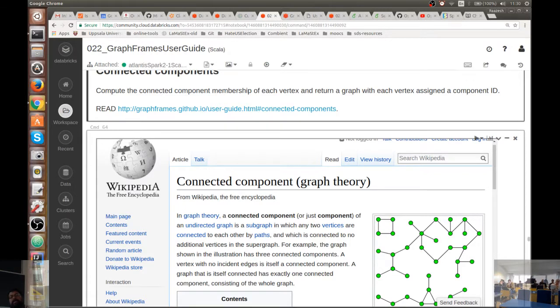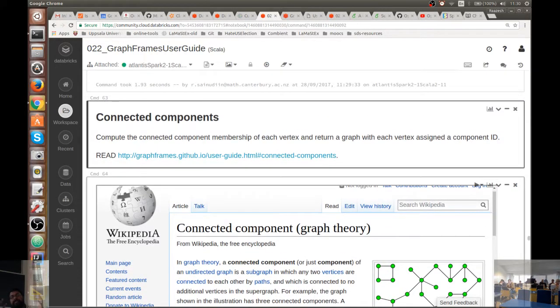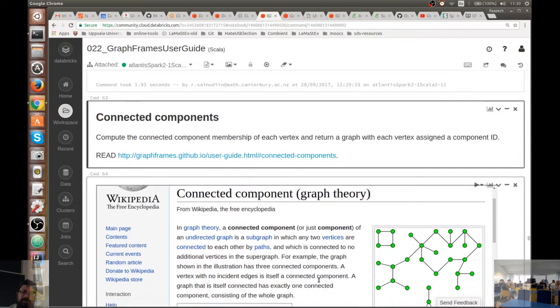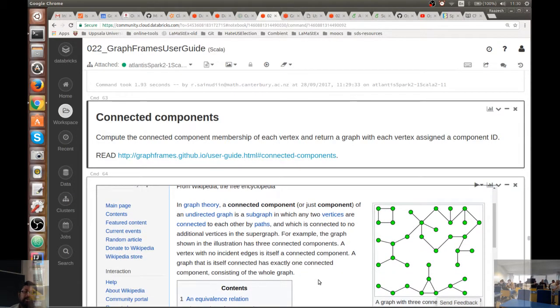The other main thing you want to understand about a graph, this is just a very basic geometric topological property of the graph, is how many connected components are there, right? A connected component is defined in the case of an undirected graph.